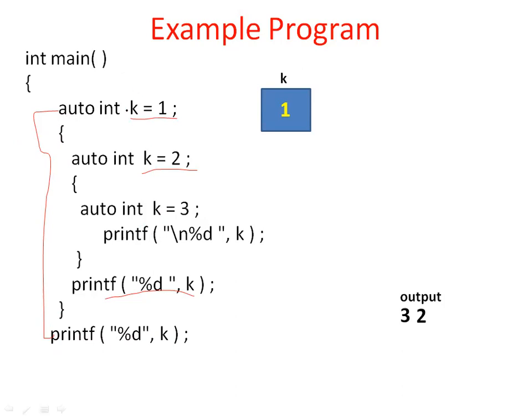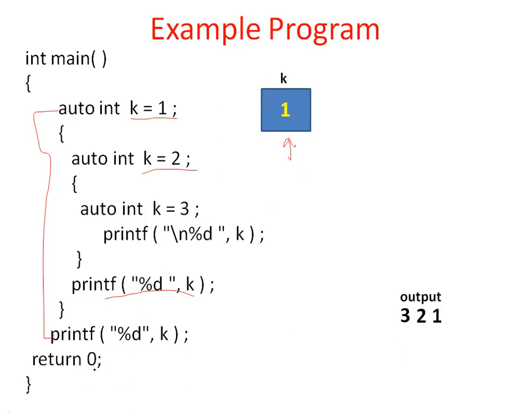That means it accesses this k value, and there is only one storage location named k, so obviously it accesses this storage location here. Clear? Then on the output you can see 1 printed.